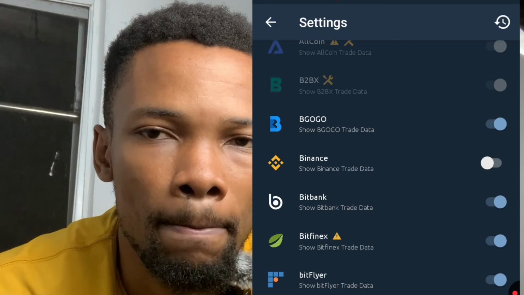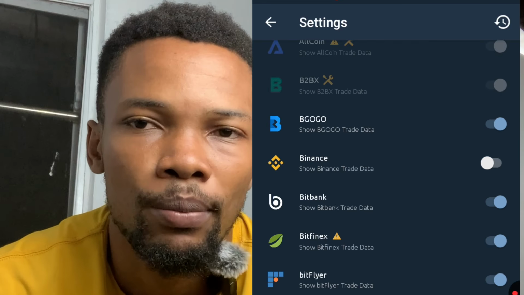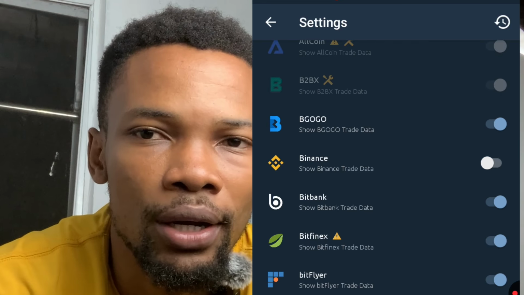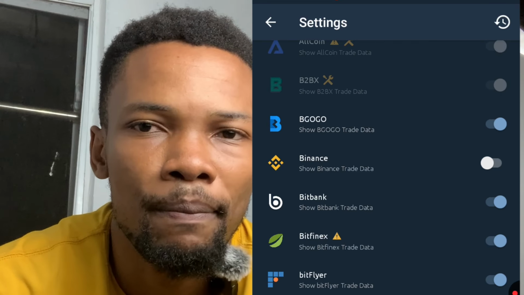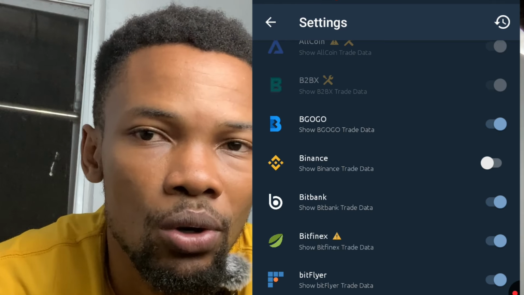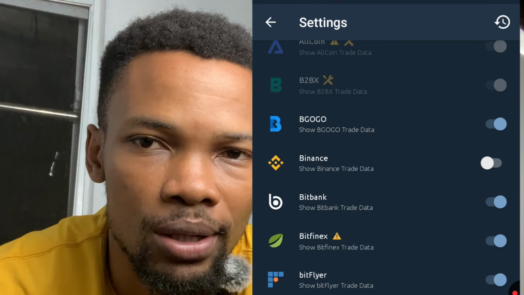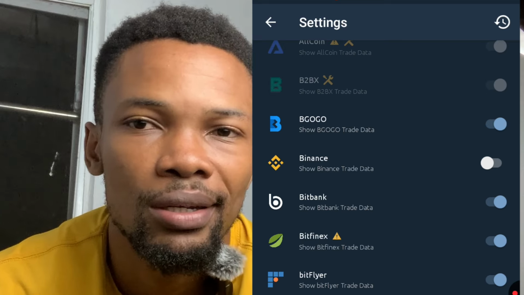Most of the crypto apps don't work here, so I can deactivate the ones that don't work. Some of the crypto apps work here, but some of them don't. So if you are in a country just like me where many crypto apps don't work, you can disable the ones that don't work. That is exactly what this feature is all about.